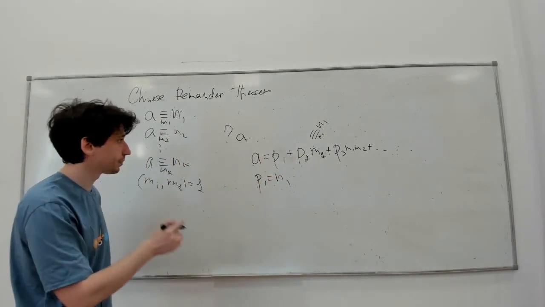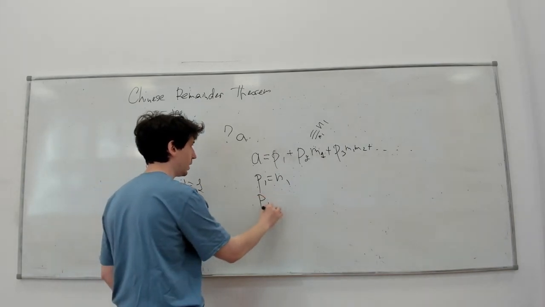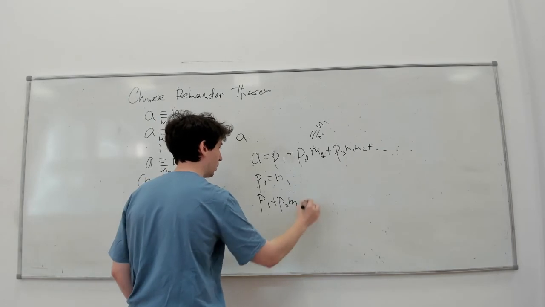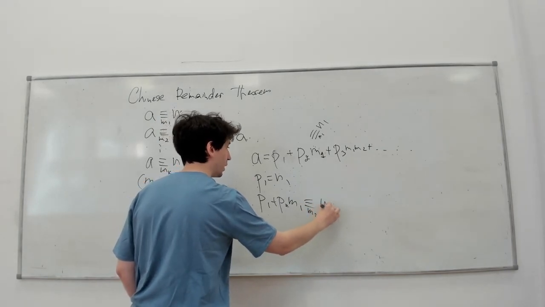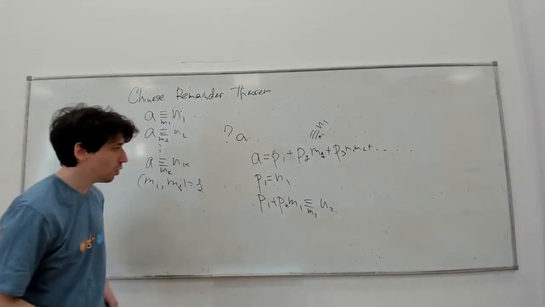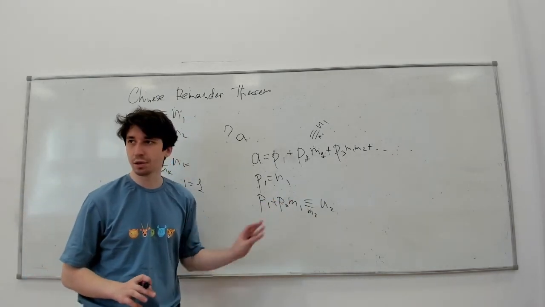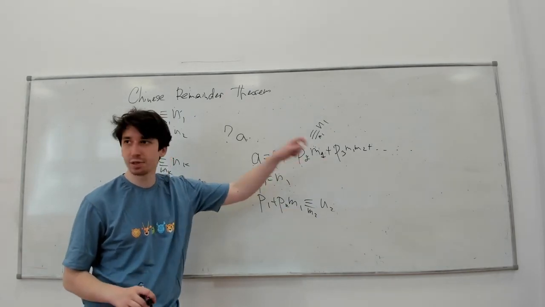Then you want P1 plus P2 times M1 modulo M2 to equal N2, because we can throw away the whole tail, since it is divisible by M2.